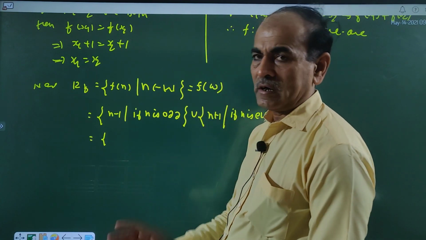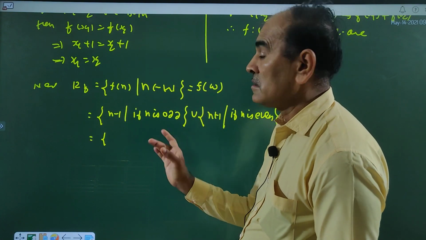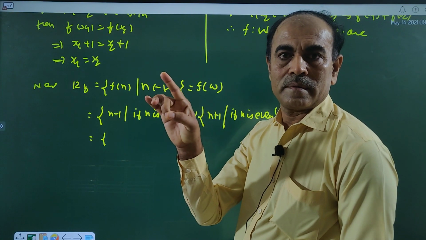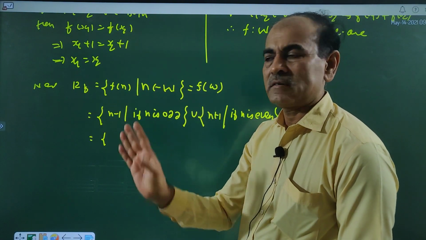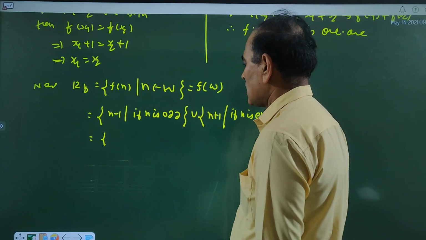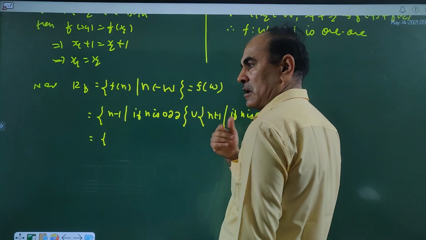Now see, 1 is odd, so 1 minus 1 is 0. See, 0 is a whole number. Whole number means in place of the set of integers they are taking this thing, that means 0, 1, 2, 3, 4, 5 likewise, N union 0.